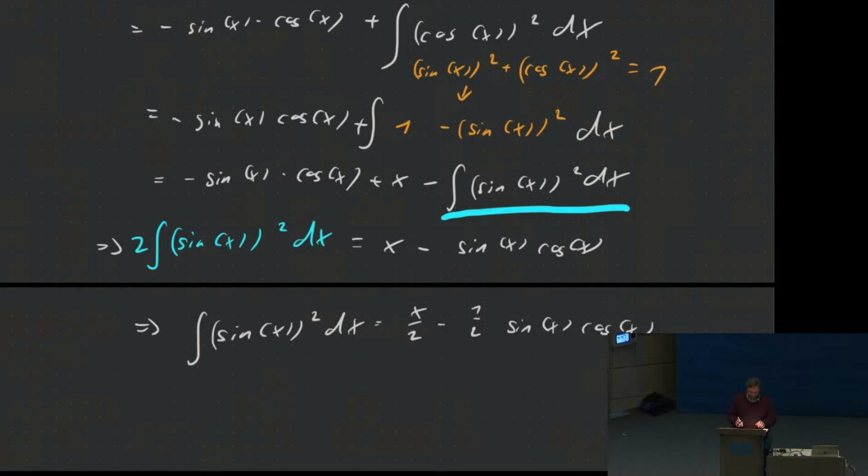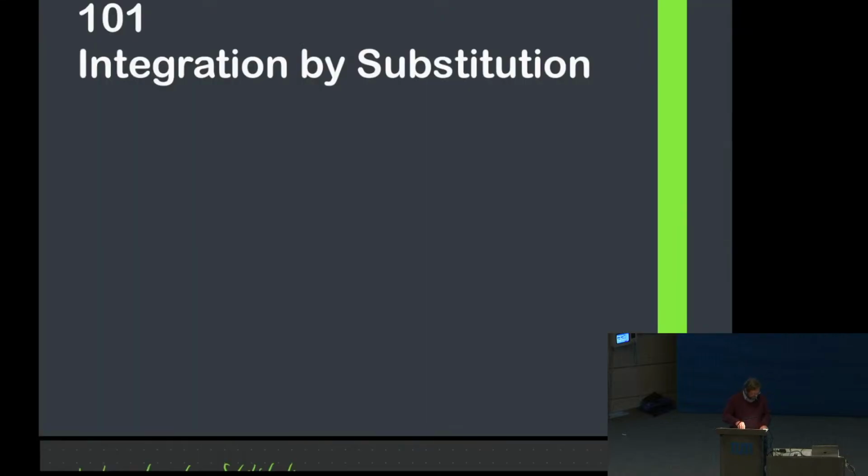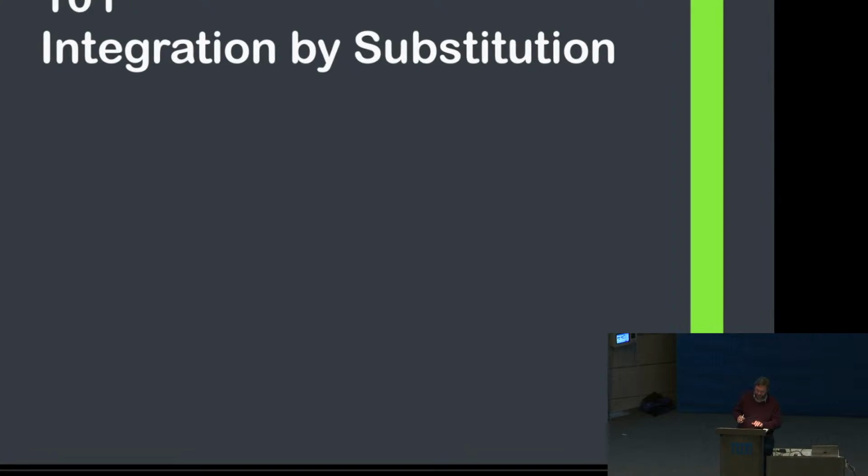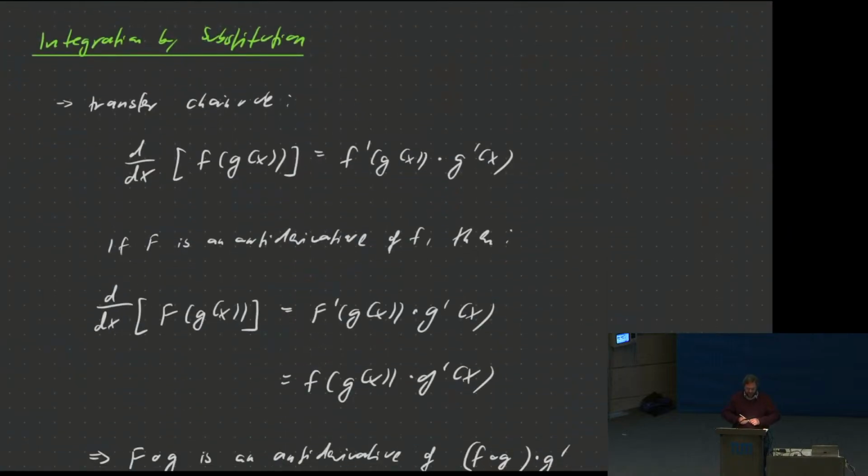Okay, so let's go on with the next integration technique before we do more examples. The next one is called integration by substitution. And again, this goes back to taking one of the rules of differentiation and transferring it to the integration world.